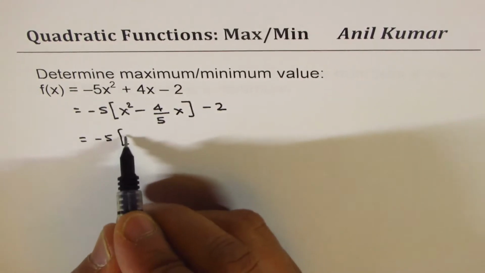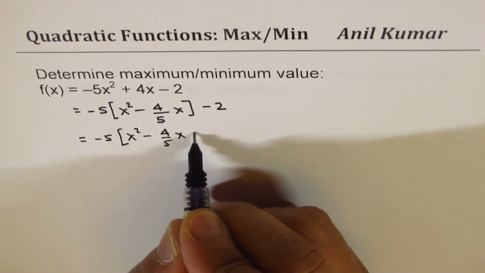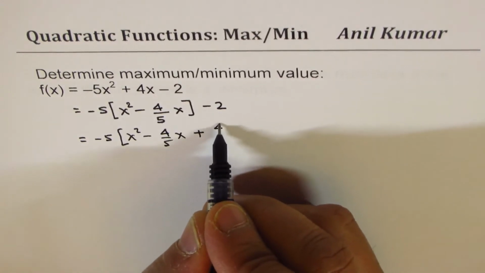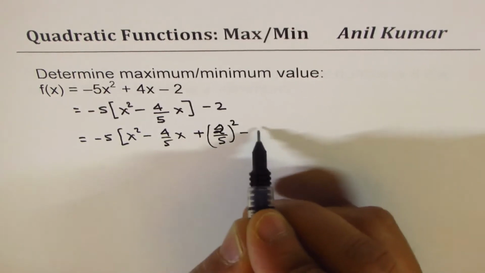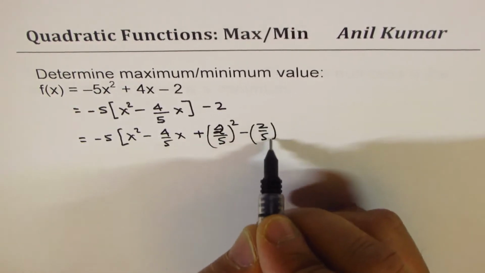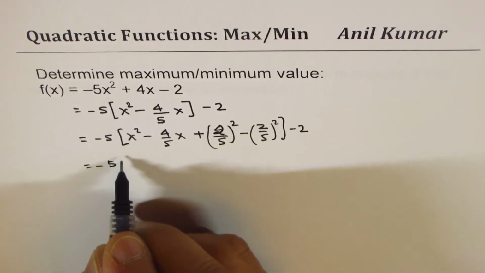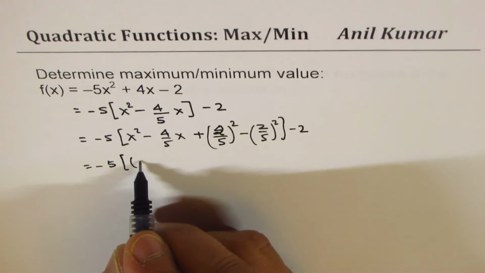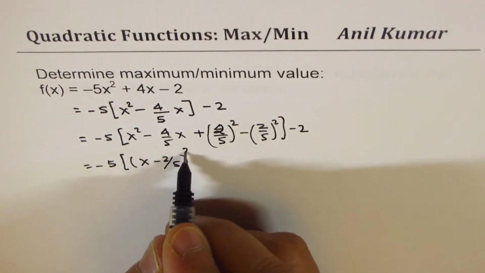Minus 5 x squared minus 4 over 5x plus half of this, you can write 2 over 5 whole square, minus 2 over 5 whole square, minus 2, correct? We get minus 5, within the square we got x minus 2 over 5, correct? Whole square.